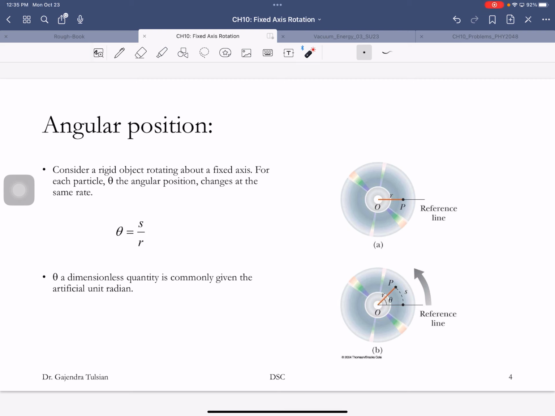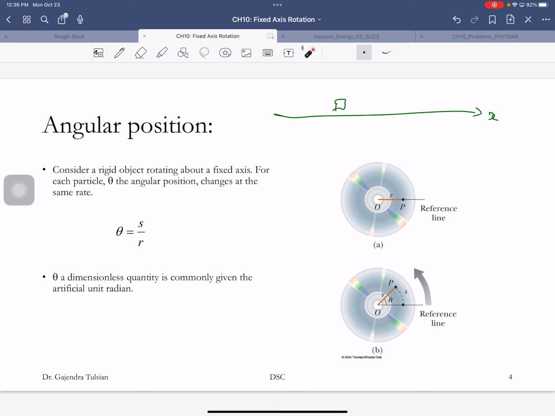Just like for one-dimensional motion, you chose one direction positive and the other direction negative, for rotational motion, we'll take angles measured from the reference line, with counterclockwise rotation as positive angles and clockwise rotation as negative angles. Just like if you move to the right, those are positive coordinates, and to the left is negative coordinates. So rotations counterclockwise are taken as positive angles.